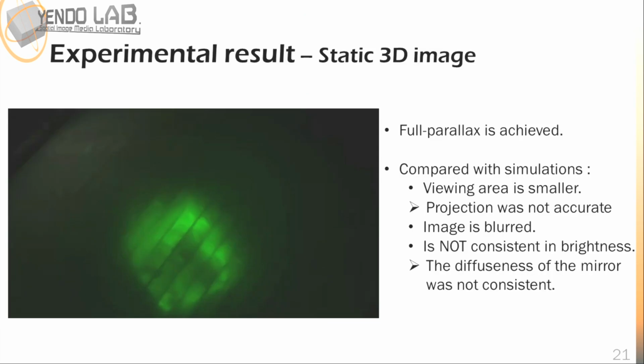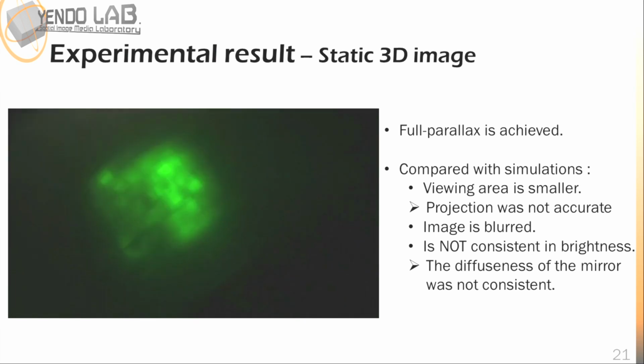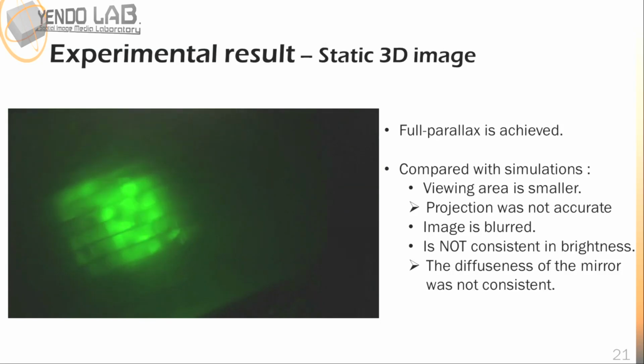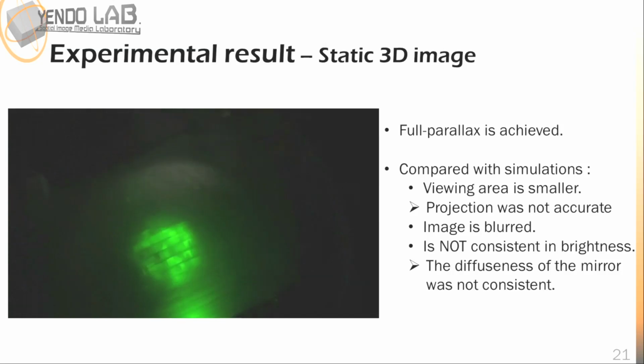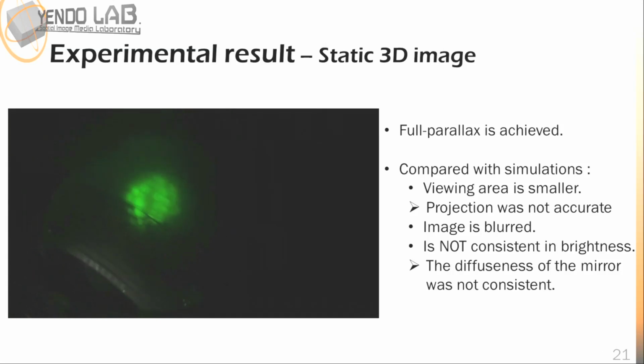Here we show an experimental result of the static 3D image. Looking from various directions, both vertical and horizontal parallax was observed. Compared with the first simulation, the viewing area is smaller. This is likely because of the poor accuracy of projection.